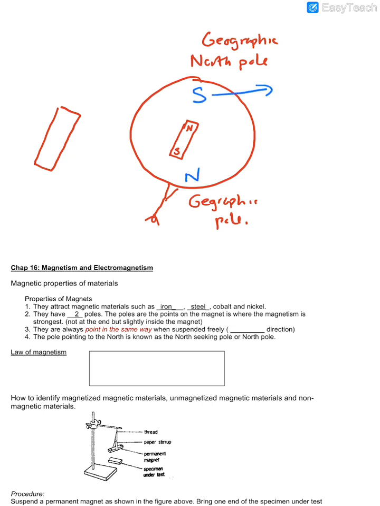So this is known as the magnetic South Pole, and this is known as the magnetic North Pole. That's why this one looks out for the south, and this one looks out for the north. So it always points towards the geographic North Pole.